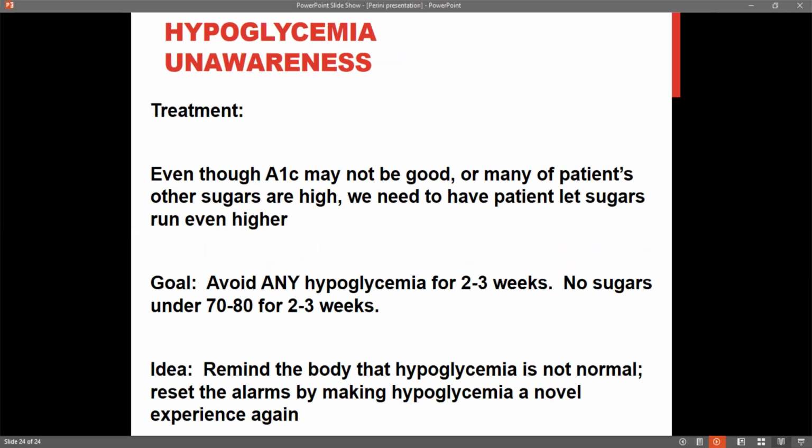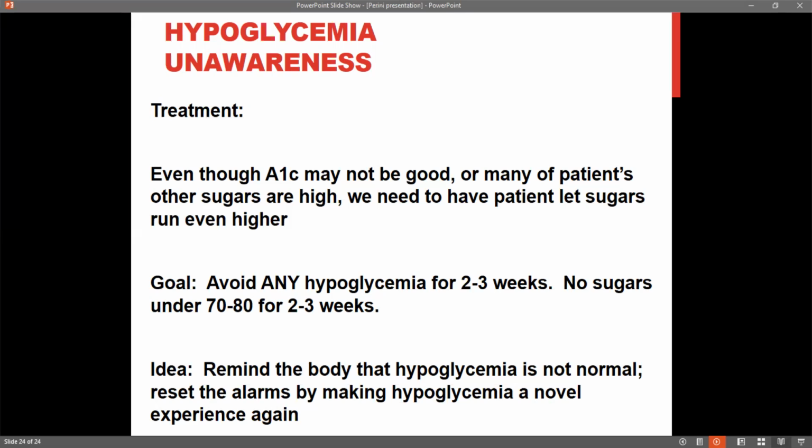is even if their A1C looks horrible, they're really high, and most of the sugars they're telling you are not anywhere close to goal, we need to retrain this body how to notice low blood sugars. The way that we have to do that is to make them avoid any hypoglycemia for a few weeks. So don't let them have any sugars under about 70 to 80 for a couple of weeks.